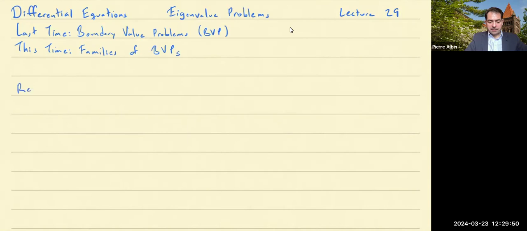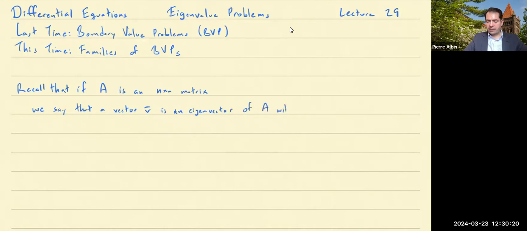So recall that if A is an n by n matrix, then we say that a vector is an eigenvector of A with eigenvalue lambda if two things happen.